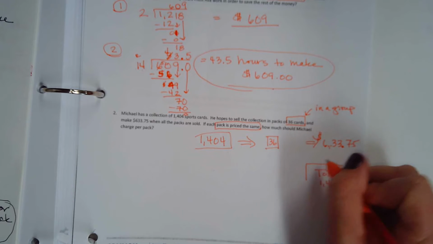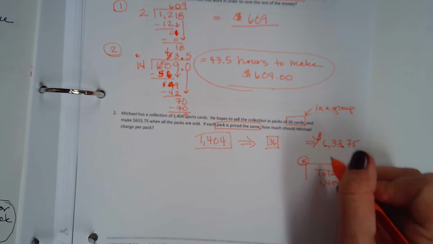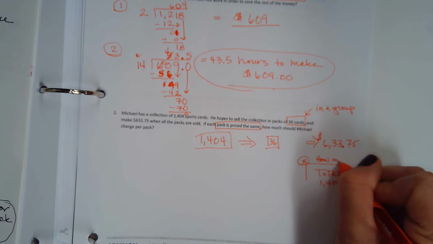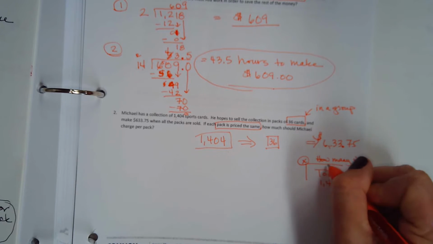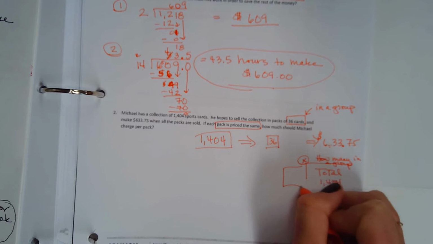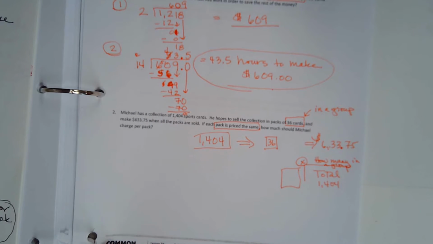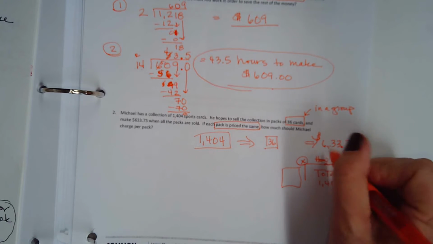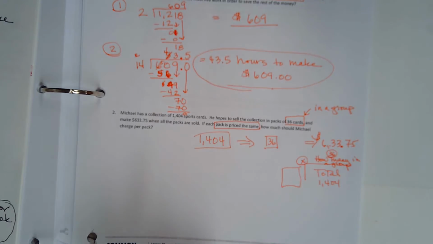If this is how many are in a group, what are we missing over here in our array? If this is how many are in that group, we know there's going to be 36 in each group. What number are we missing?